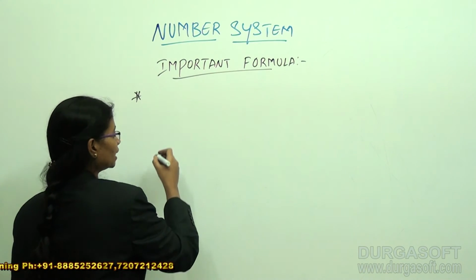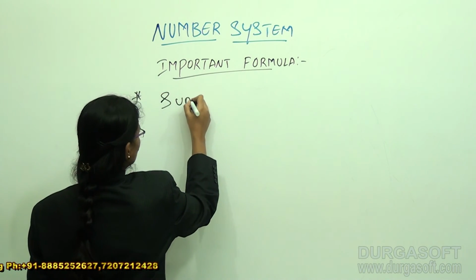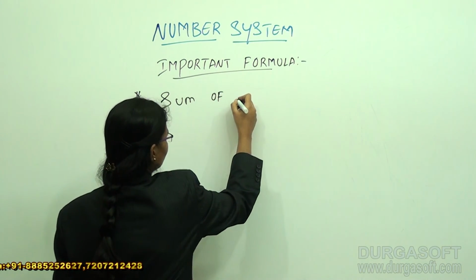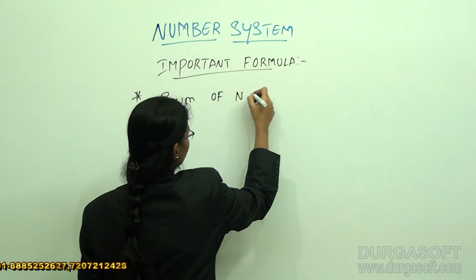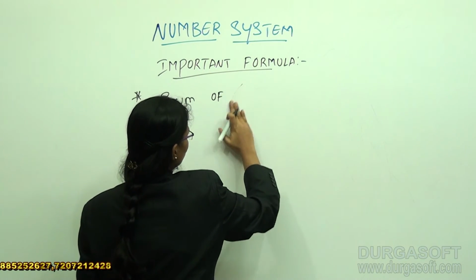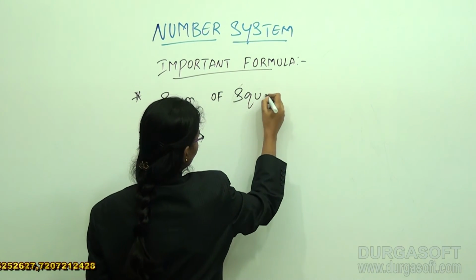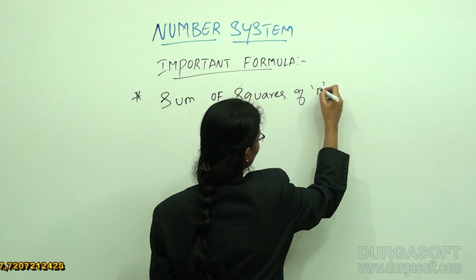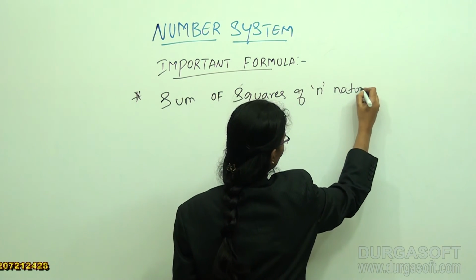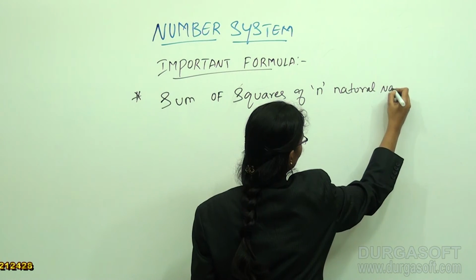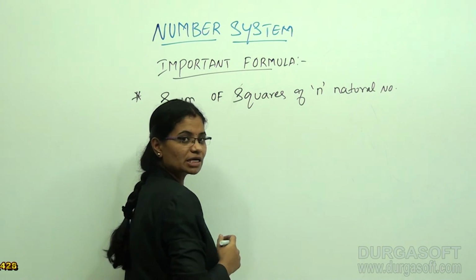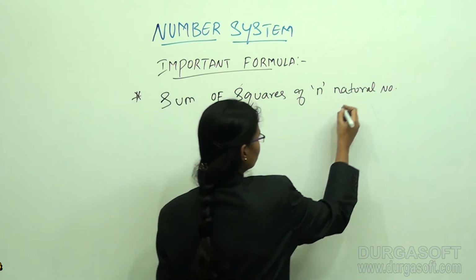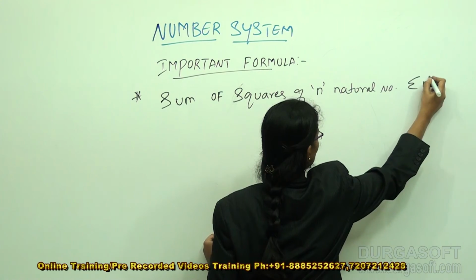The first formula is the sum of squares of n natural numbers. We can represent this as sigma n square.